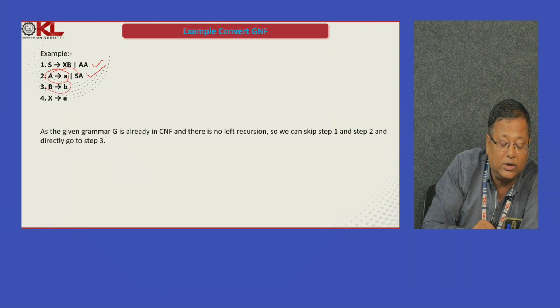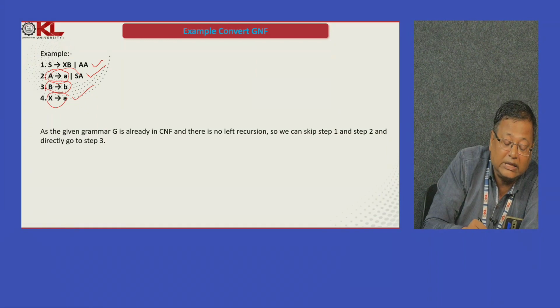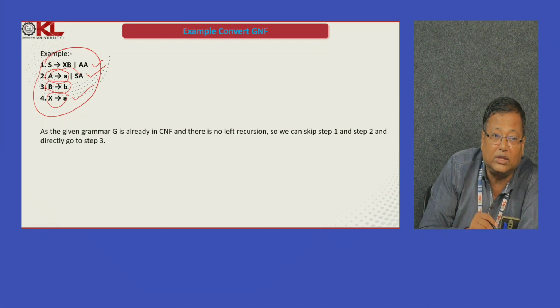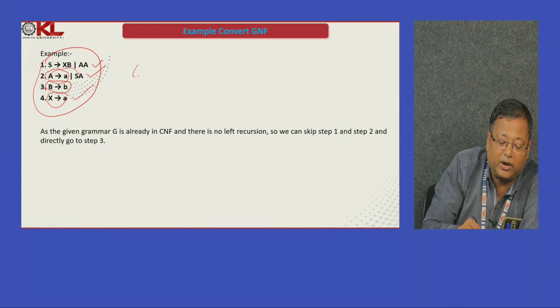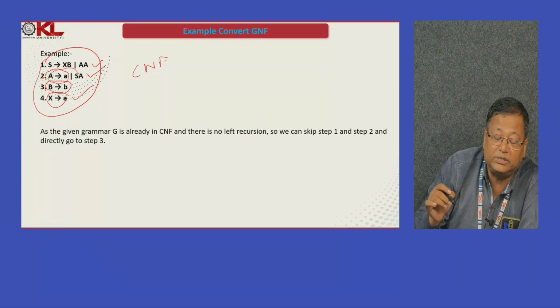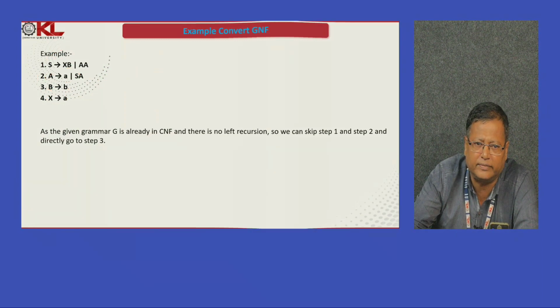B derives b, it is also in the CNF, because a non-terminal derives a terminal. X derives a, a non-terminal derives a terminal, it is also in CNF. So this production rule is in the CNF form, and here also you check there is no left recursion. So we can skip step 1 and step 2, then directly go to step 3 for GNF.